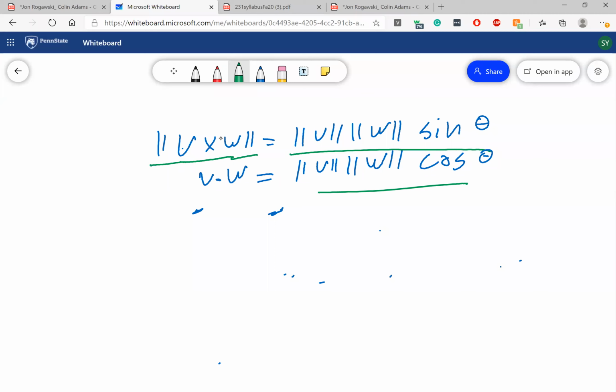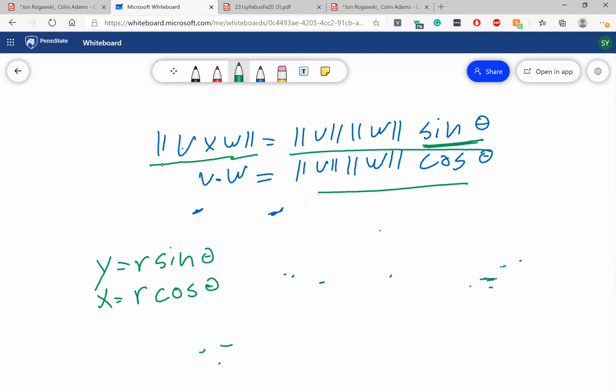So the cross product resembles sine. It behaves the way sine does. What do we mean by that? Well, sine is a projection onto the y-axis. In the transformation from Cartesian coordinates to polar coordinates, y is equal to r sine theta, and x is equal to r cosine theta.